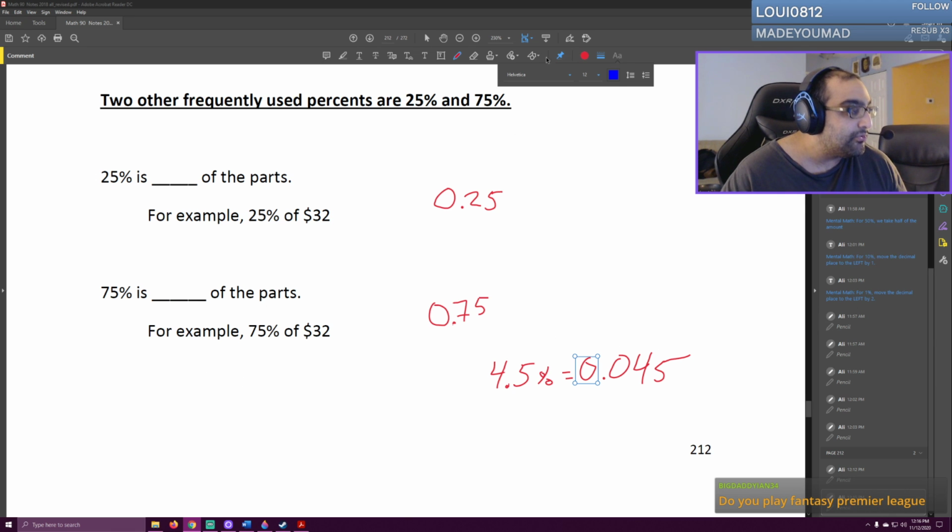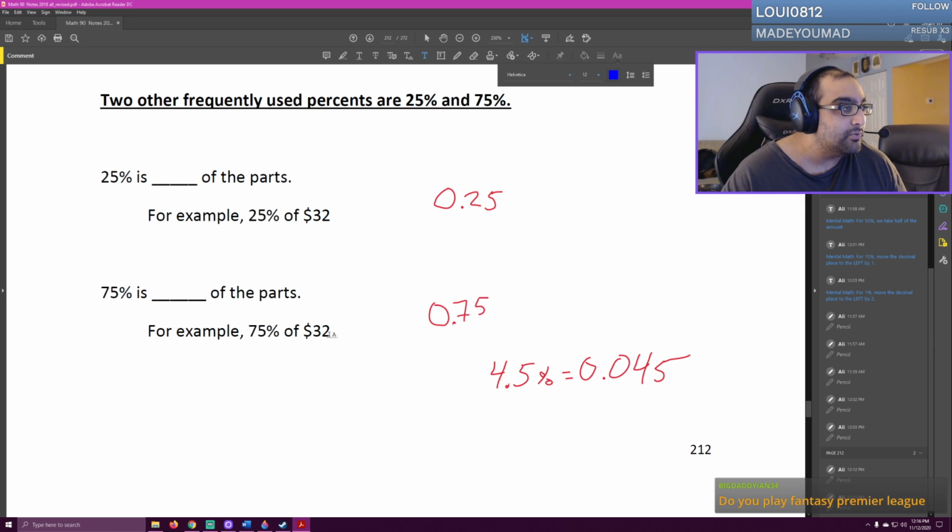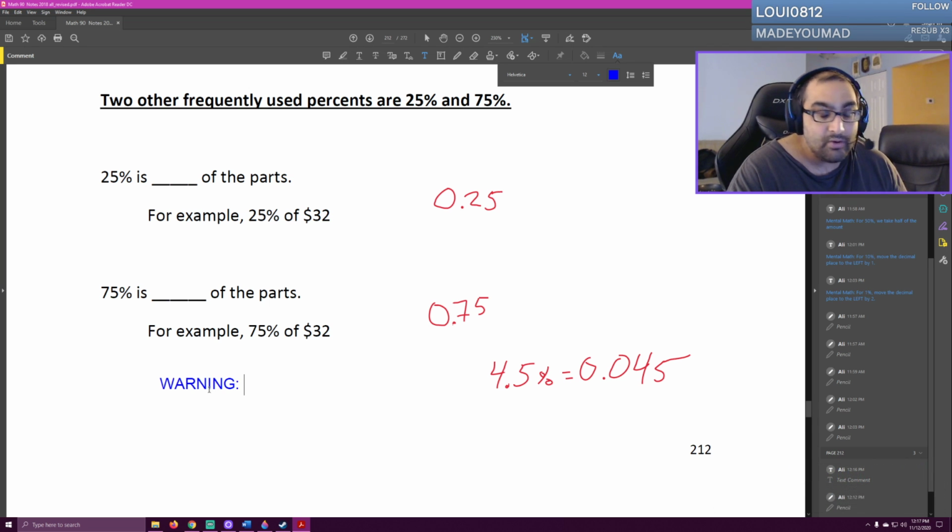So 0.045 is correct. Now, I do want to point out one very important thing here. I want to give a nice warning for others who are probably watching this as well. One word of warning: 4.5% is not equal to 0.45.